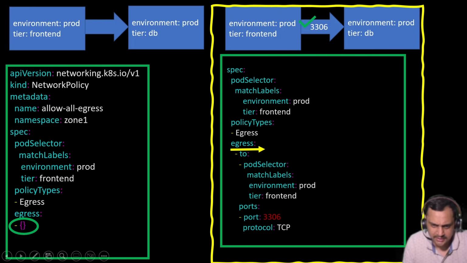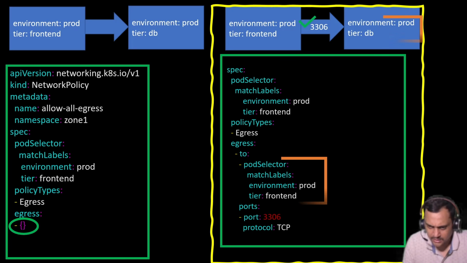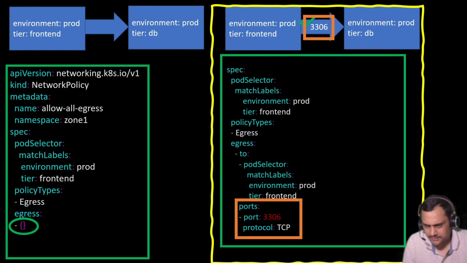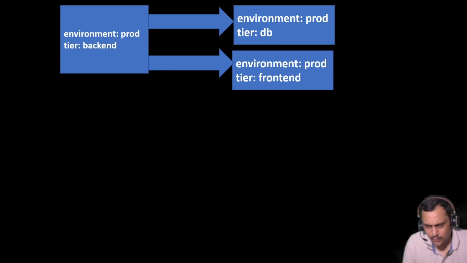Under egress to and then pod selector, we are matching these pods, and then in the ports section we will define port equal to 3306 and protocol is TCP. That's it. We have one port and we want to forward the traffic to these two different pods which have different label sets.